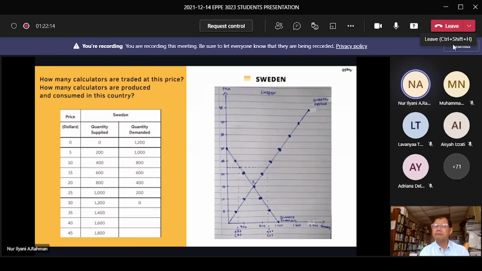So how can we calculate about trade at this price, and how many calculators are produced and consumed in each country? From the table, we can see the quantity demand and supply. Then we need to plot all the value given. After that, we got the equilibrium price is $15, and then the calculators produced and consumed for Sweden is 600 units.